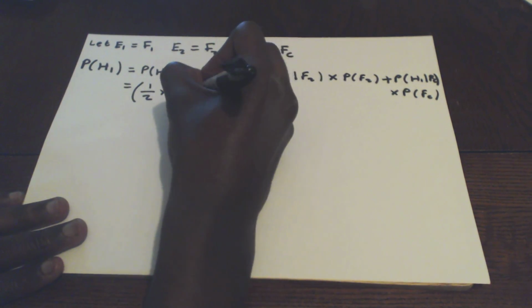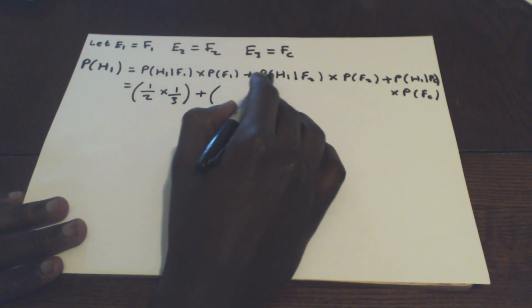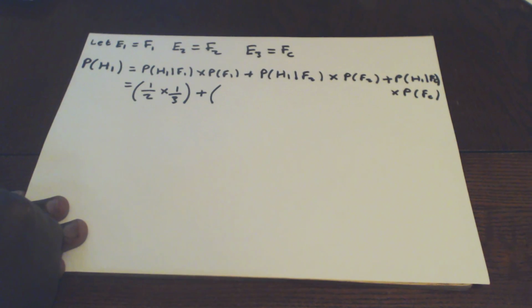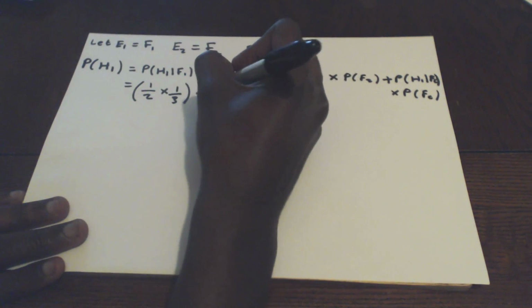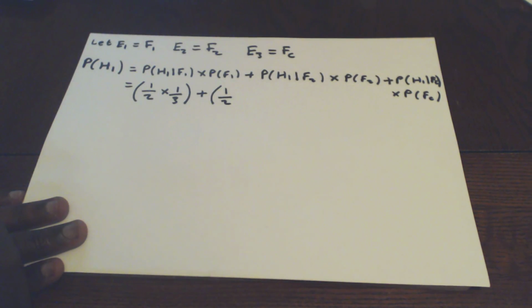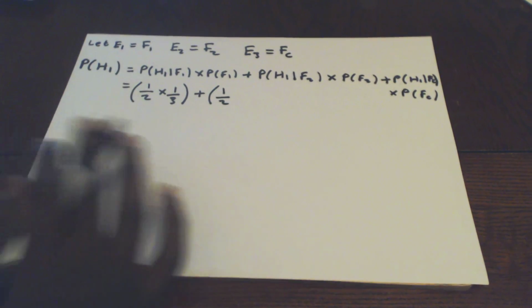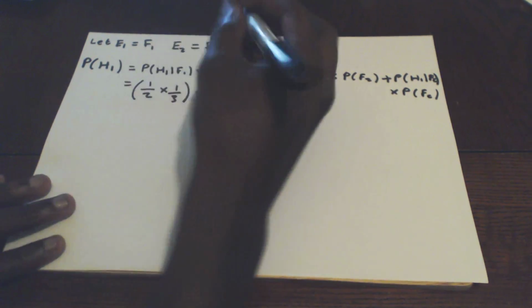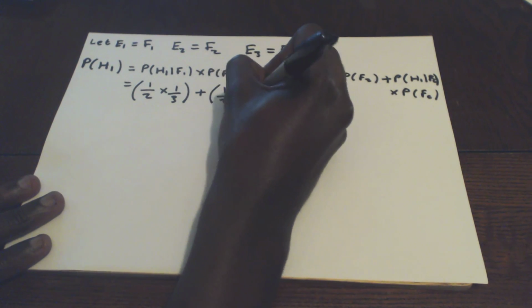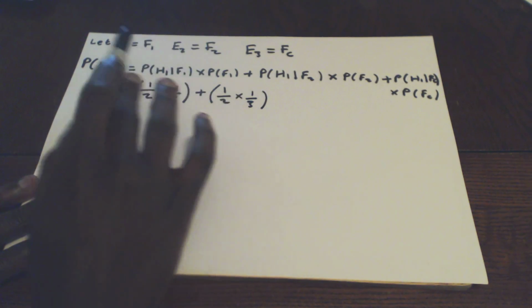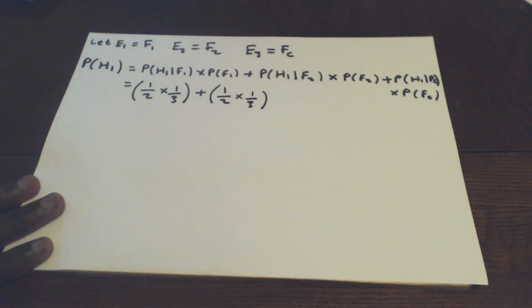Now we go on to this. So we've got plus the probability of H1 given that you pick the second fair coin. Well, again, if the coin's fair, it's going to be a half. And the probability of picking the second fair coin, well, there's only one second fair coin, so that's going to be times 1/3, because you've got 3 to pick from: F1, F2, and FC.